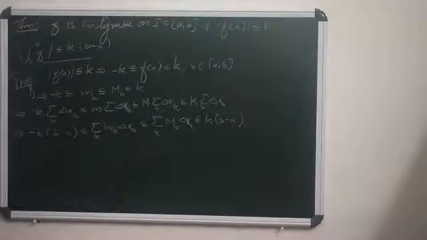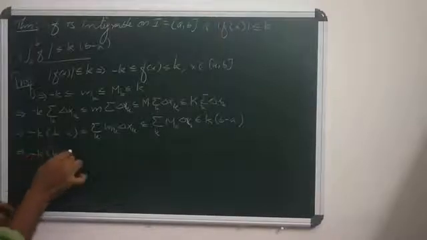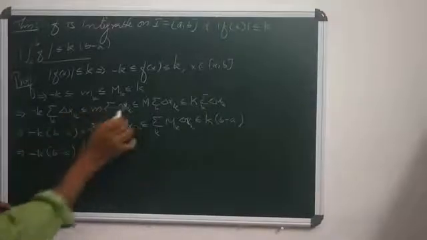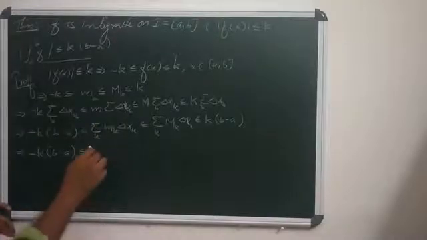So minus k times (b minus a) is less than or equal to the sum over k of small m_k delta x_k, which is less than or equal to the sum over k of capital M_k delta x_k, which is less than or equal to k times (b minus a). So that means it is minus k times (b minus a) less than or equal to, what about this one? The sum over k of small m_k delta x_k is, yes, it is L(P, f).